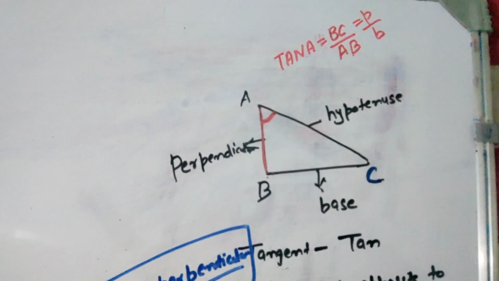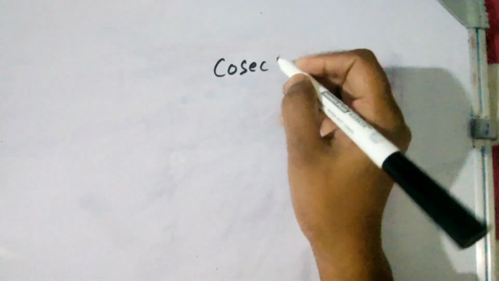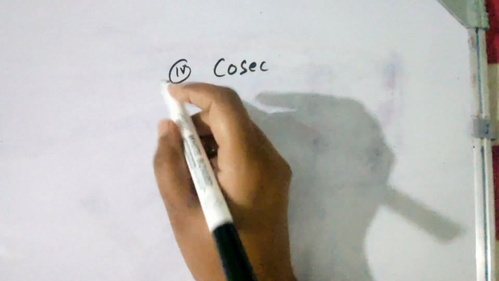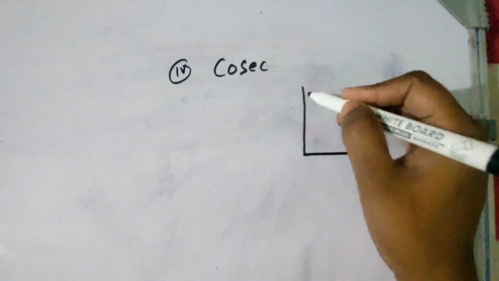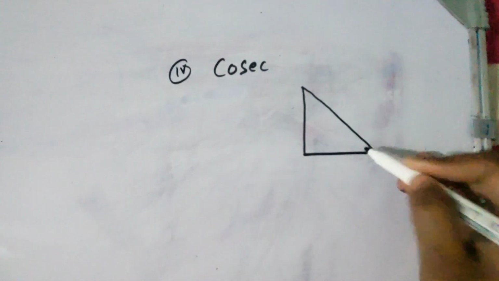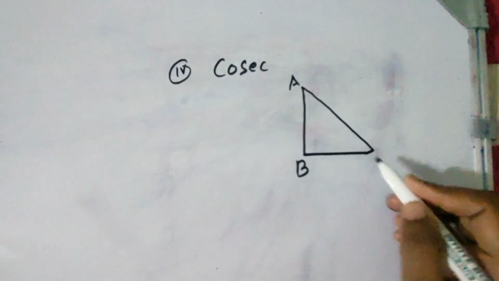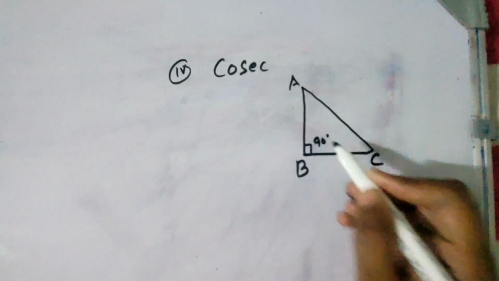Then next, go for cosec. This is the fourth one. Just draw one figure, naming it A, B, C. Here it is the same 90 degree angle.